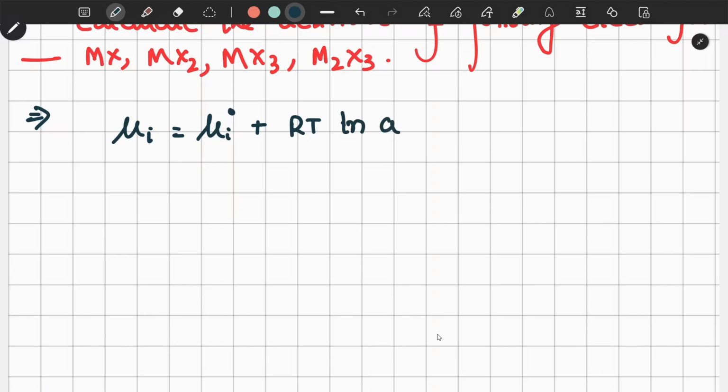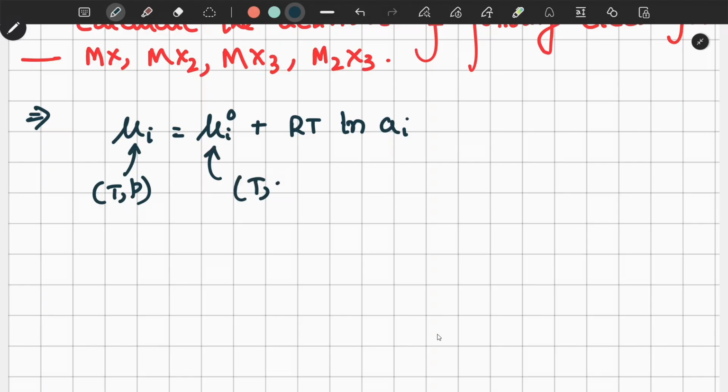RT ln x_i; this will be a_i instead of x_i, for this activity. If it is a totally dilute solution, then it's okay. And what does this zero mean? Is it any temperature and pressure?